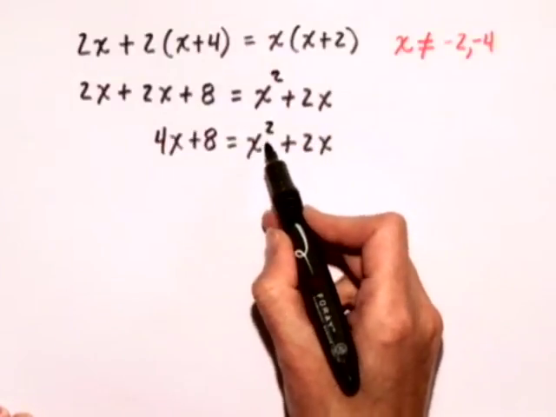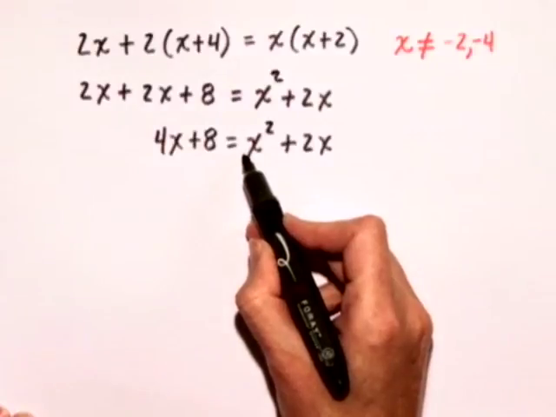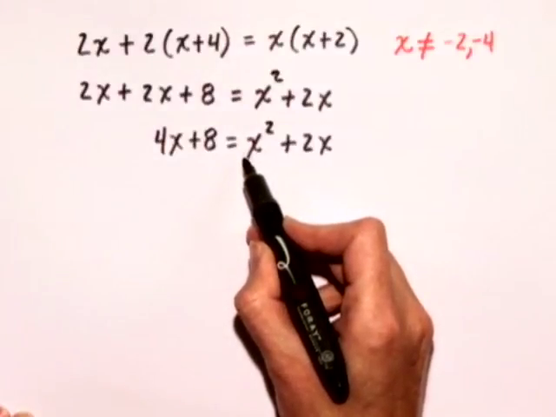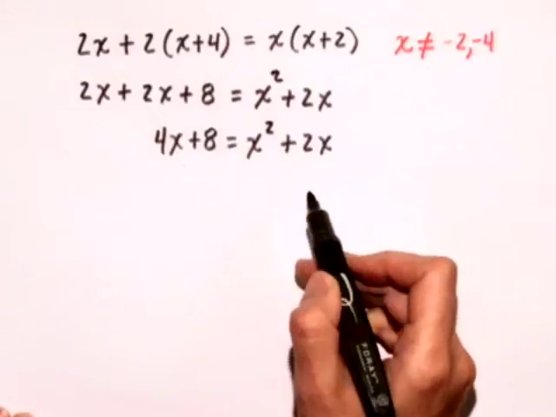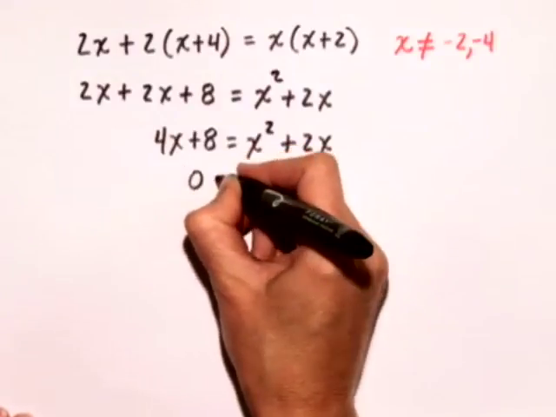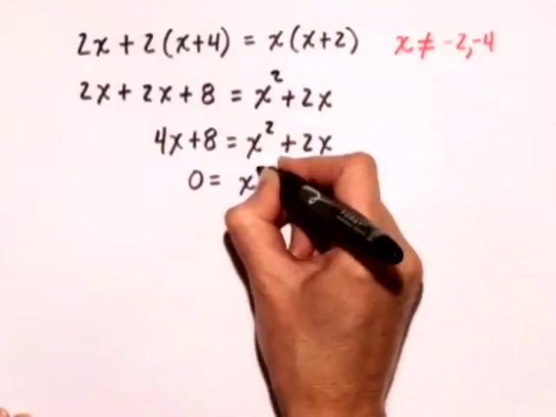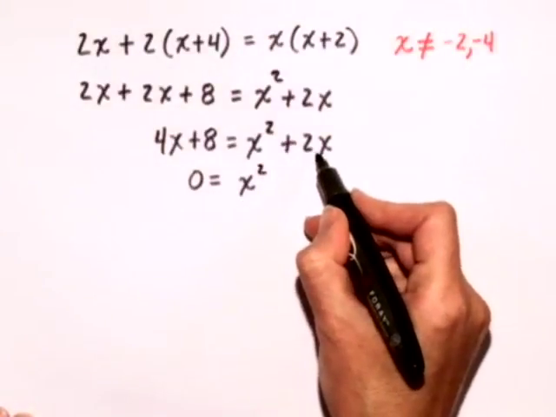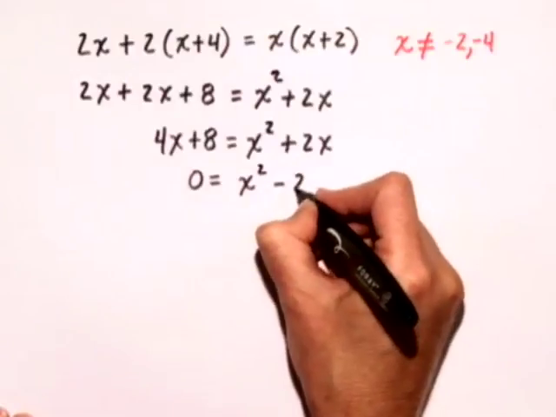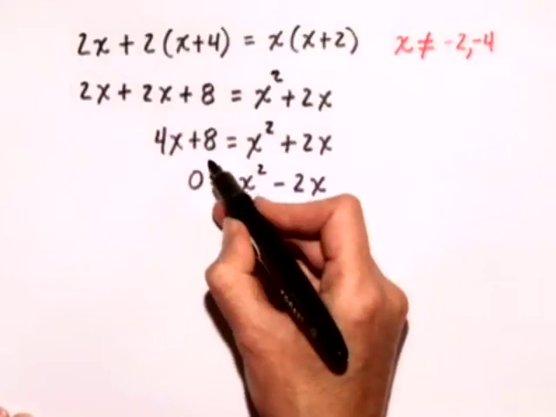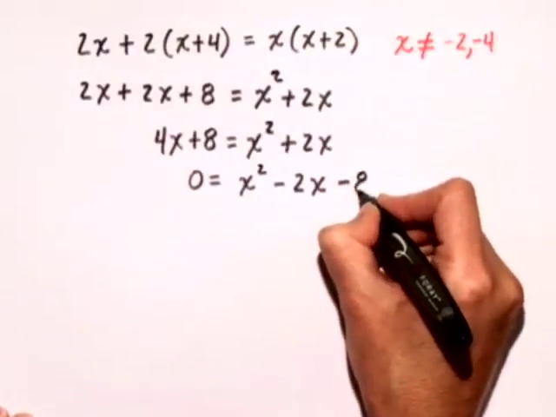Since my x squared term has a coefficient of positive 1, I'm going to leave it on the right-hand side and move these other two terms on the left-hand side over to the right-hand side. And I'll have 0 equals x squared. I have positive 2x on the right. When I subtract 4x, it becomes minus 2x. And then when I subtract the 8, I'll have minus 8.